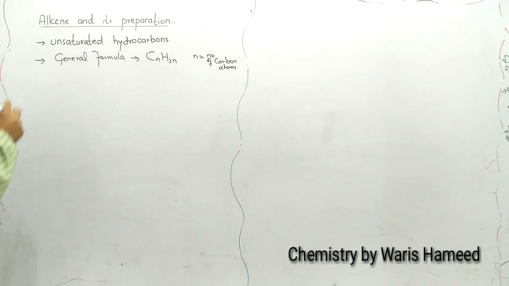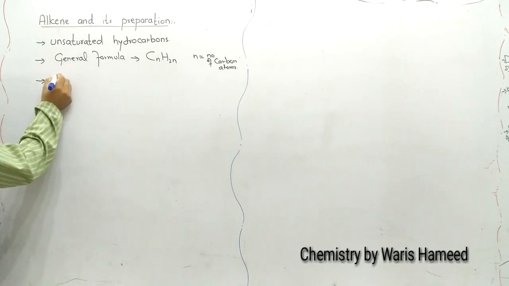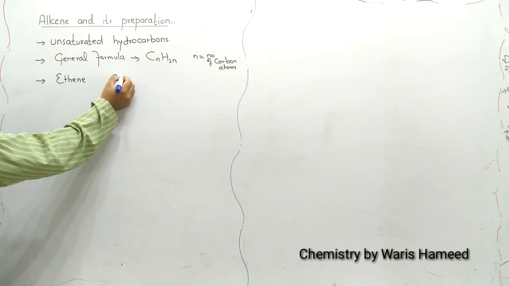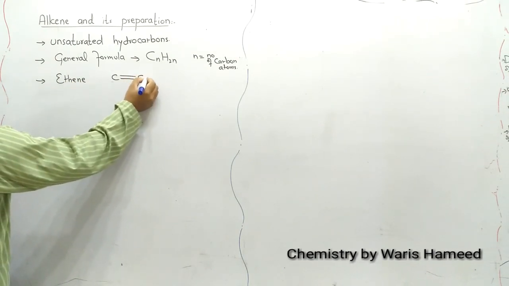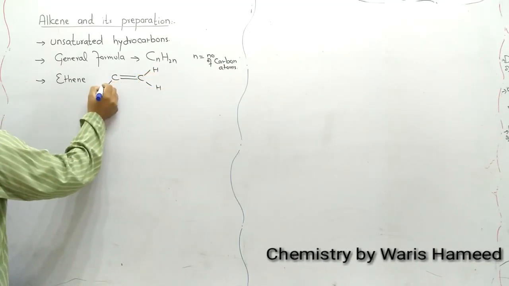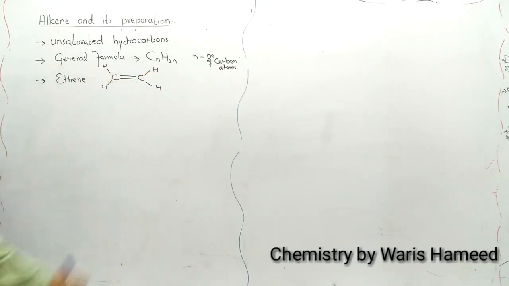Its simplest and first example is ethene. In this, one carbon is attached to the other carbon through a double bond, and each carbon has two hydrogen atoms. It's ethene.